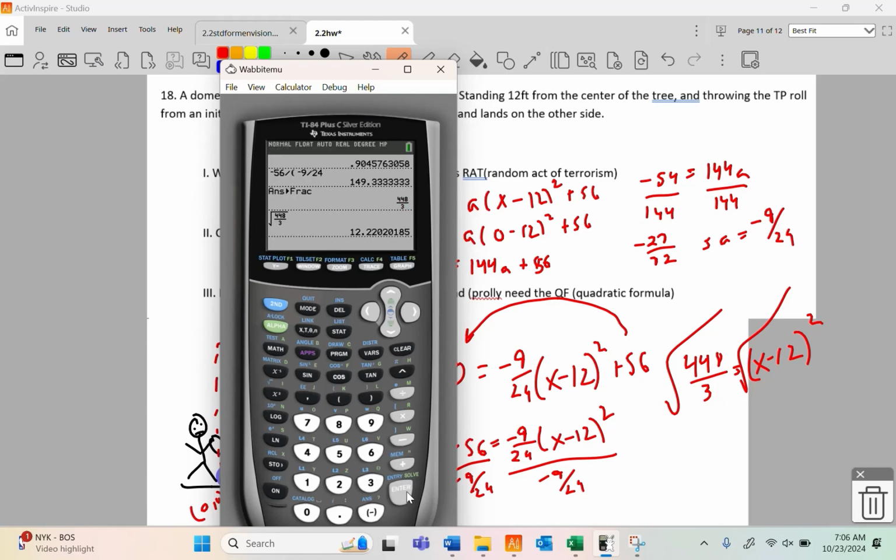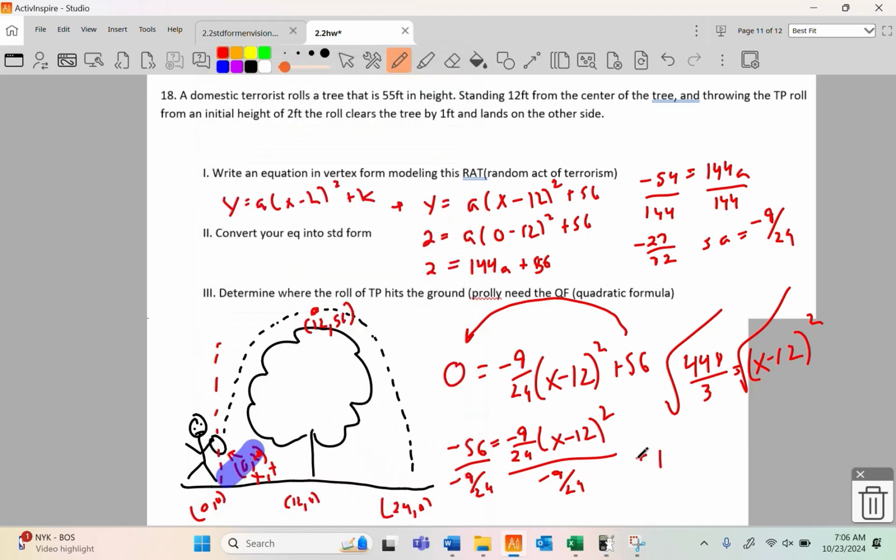I'm going to get that number, 12.2202, actually plus or minus 12.2202, right? Is equal to x minus 12, and I'm going to add 12 to both sides. So 12 plus or minus 12.2202.